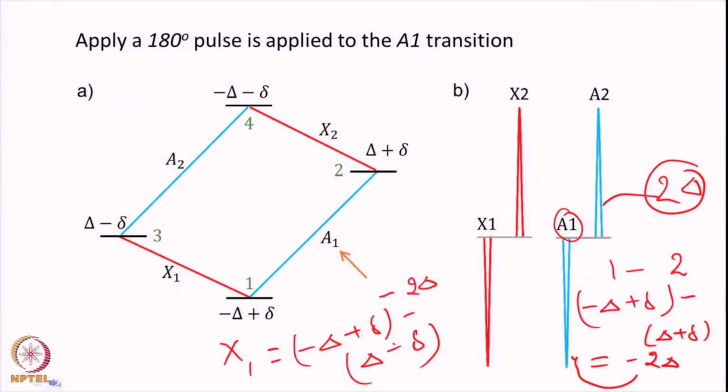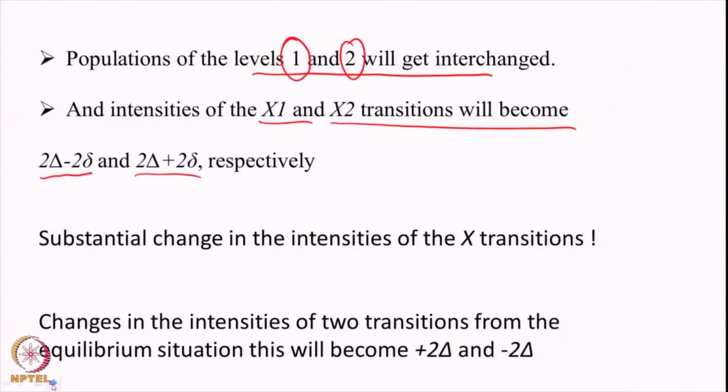So, that is the intensity we have for the X transition, a substantial change in the X transition. So, the change in the intensity of this transition from the equilibrium state, that is what we calculated, is now plus 2 delta and minus 2 delta, a substantial change in the intensity for X spin.